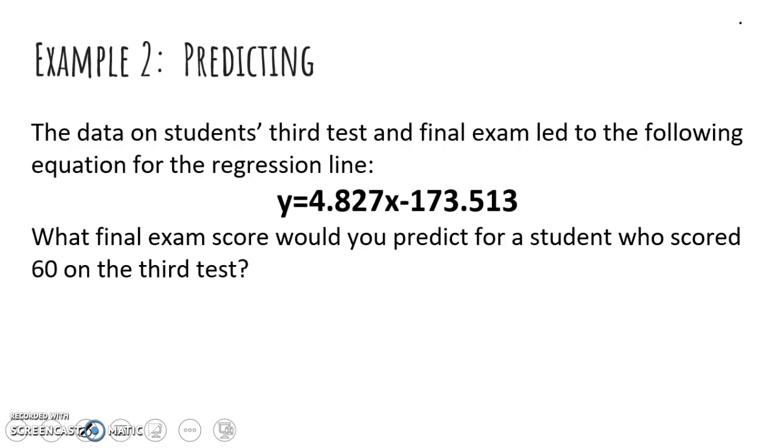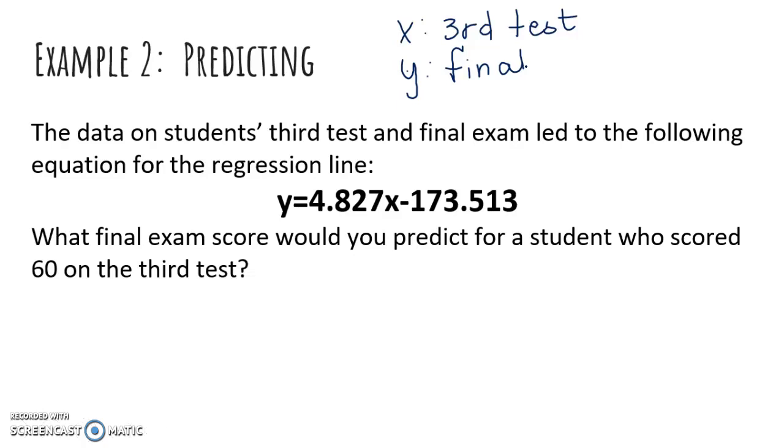Just to remind you, x is their score on the third test, and y is their score on the final. So pause the video, and when we come back, we will go over the answer.